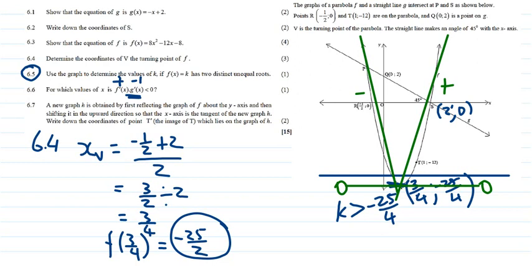We only want the gradient to be positive. For the straight line, the gradient is always negative. So the gradient of the parabola is positive from the turning point onwards, to the right. Therefore, our solution will be from the x value at the turning point, which we calculated to be 3 over 4, onwards. So as long as x is bigger than 3 over 4, we are in this region.